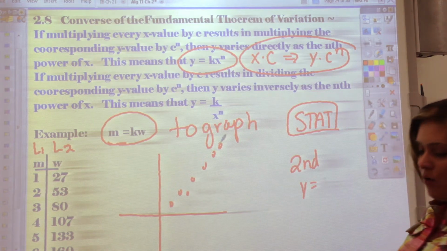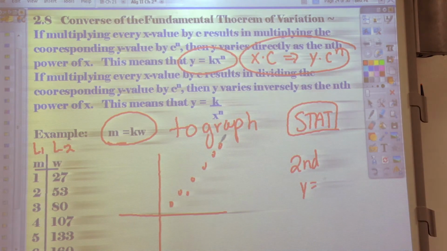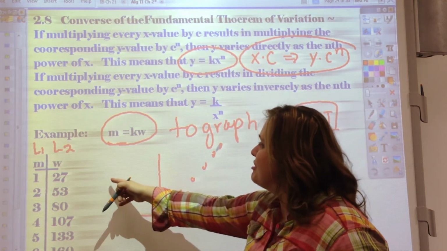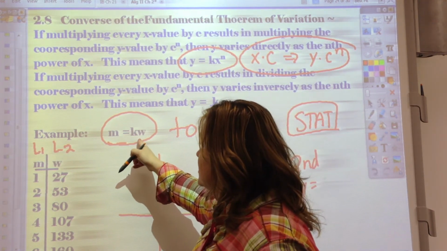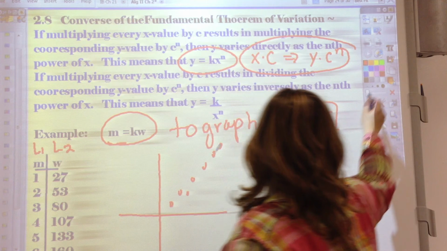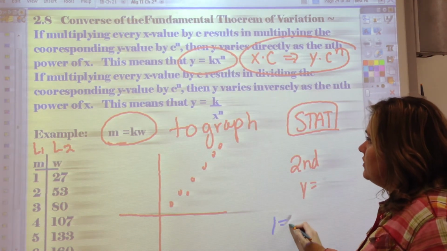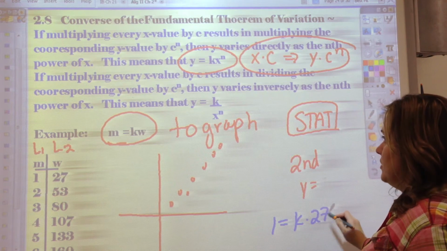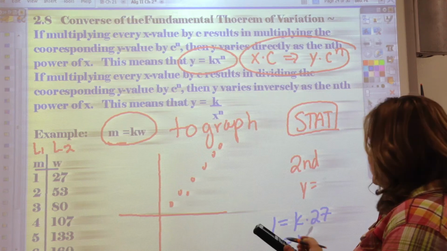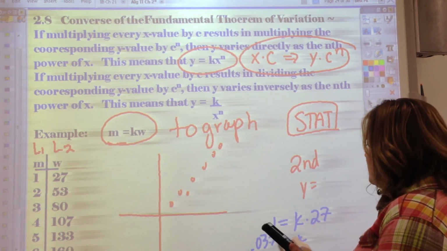It's kind of hard to tell yet whether it's a power of 1 or a power of 2. But to me, the pattern I see on my calculator looks pretty linear. Hopefully you agree that this looks like a straight line to me, not like a curved parabolic function. So I'm going to check this right here to see if I get the same value of k each time. When m is 1, w is 27, and k equals approximately 0.037.